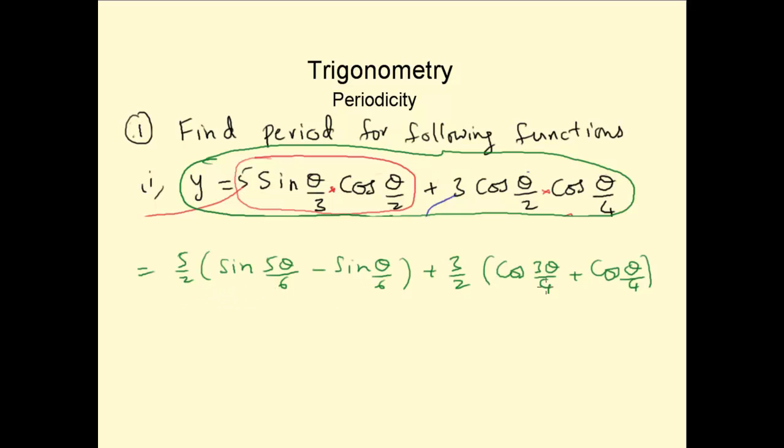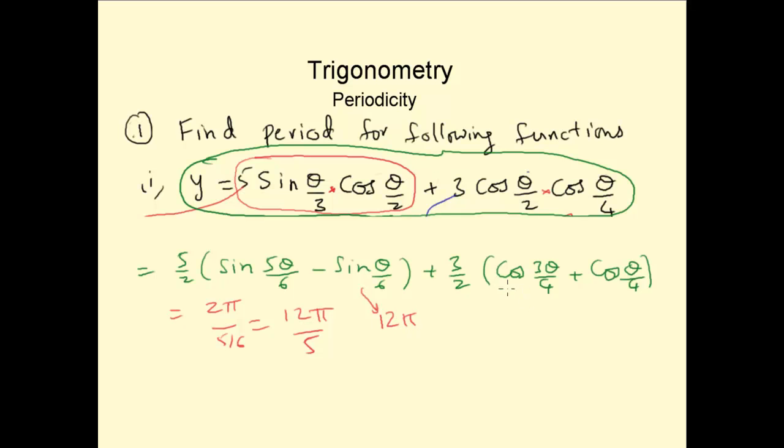The period for this whole function would be the LCM of the periods of each one of them. Let's find them. For sine(5 theta/6), this is sine nx, so the period is 2 pi over 5 by 6, which is 12 pi over 5. Similarly, the period for sine(theta/6) would be 2 pi over 1 by 6, which is 2 times 6, 12 pi.